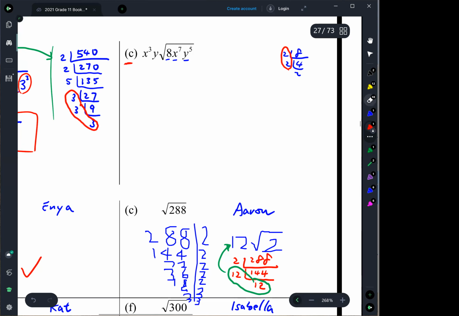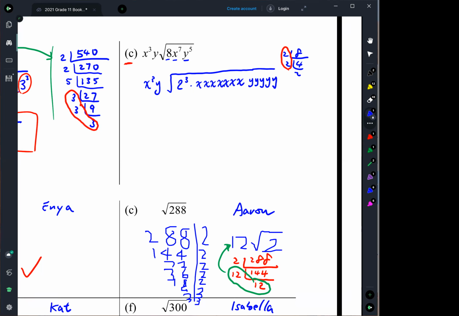Now for variable, we also need pairs. So when you see x to the 7, or let me write the 2 cube instead, okay? X to the 7 means you have x, x, x, x, x, x, right? And then one more, 7 of them. The y to the 5, you have y, y, y, y, y.